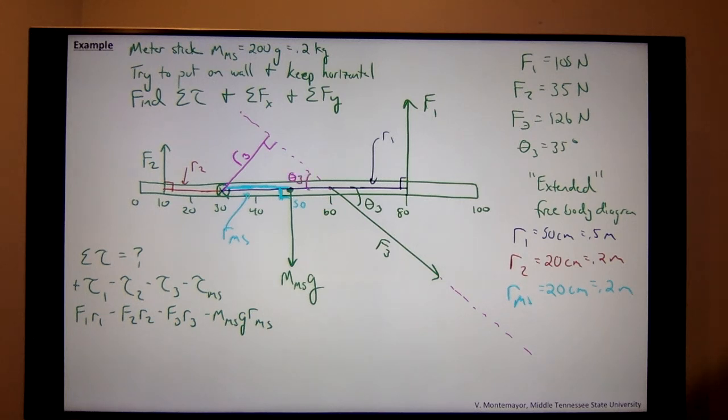Essentially, I'm solving a triangle that involves this segment. So I've got a leg here, and the hypotenuse is from the 30 to 60 centimeter mark. That means we can say that the sine of theta 3 is going to be R3 over 0.3, 30 centimeters. And theta 3 is 35 degrees, so R3 is going to come out to be 0.172 meters.